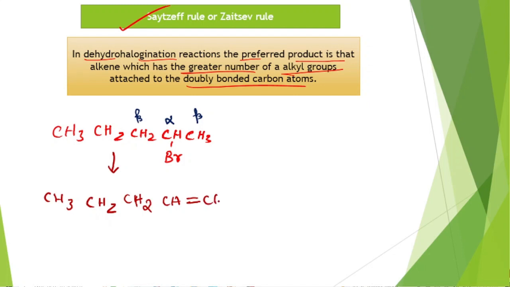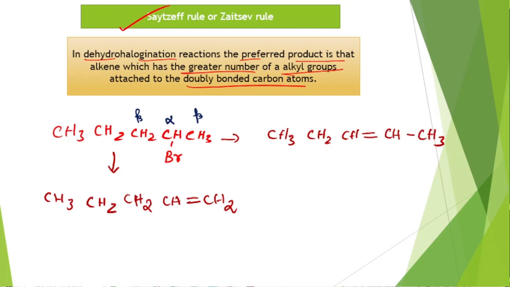This is one way of writing. And another way I can write it is CH3, CH2, CH2, CH double bond, CH, CH3, like this.